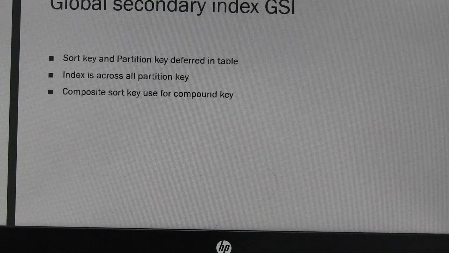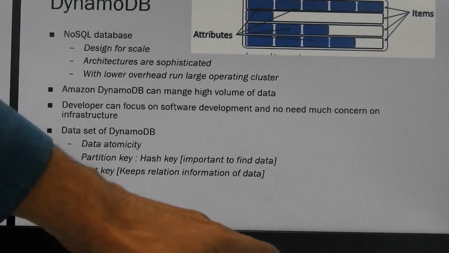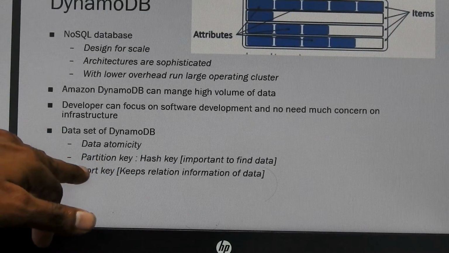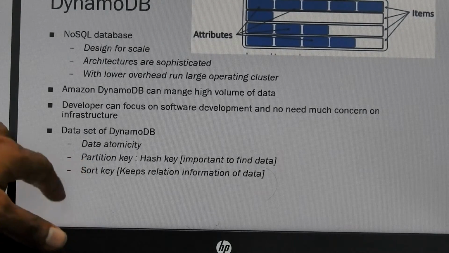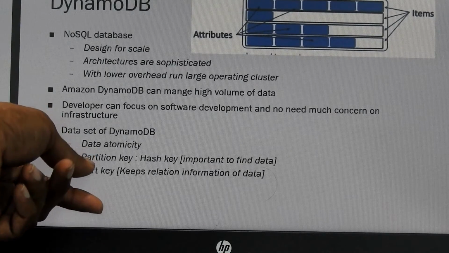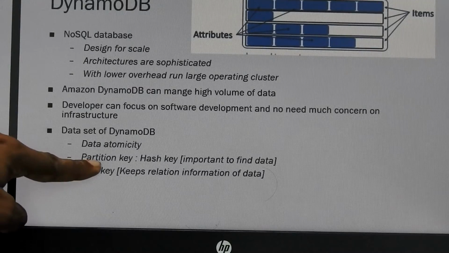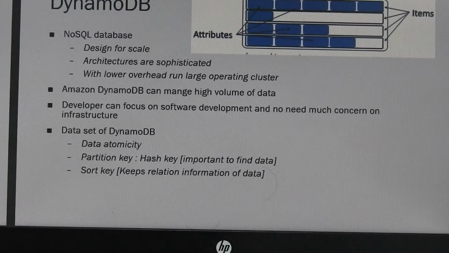When you are using the global index, we are maintaining two keys: one is the sort key and the other is the partial key. In the normal situation, we have the sort key and the partial key, and the partial key and the sort key should be matched.